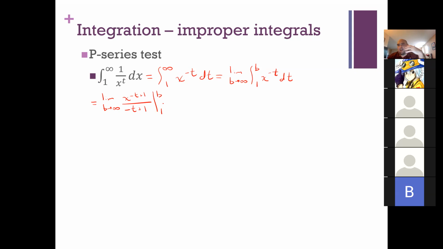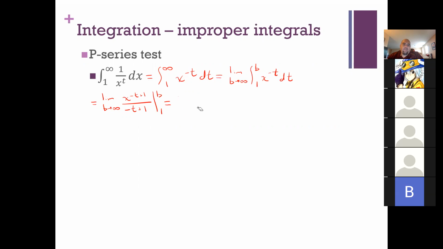Our goal here is to figure out what values of t this limit will actually exist for. Since I'm calling this the P series test, you probably already have ideas about what values of t this will actually work for. So let's try to find this limit.